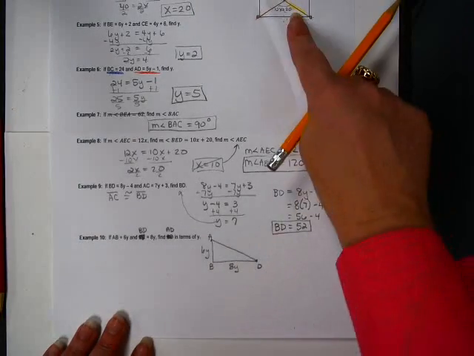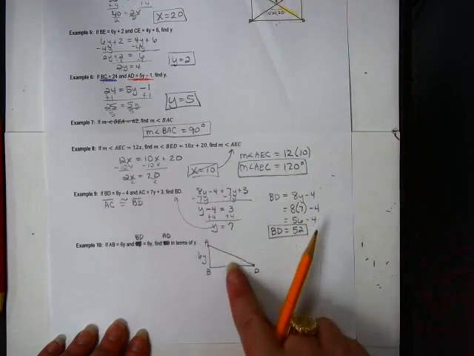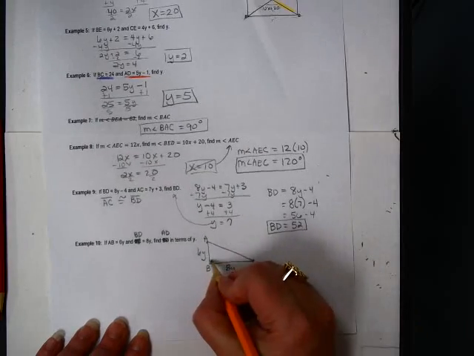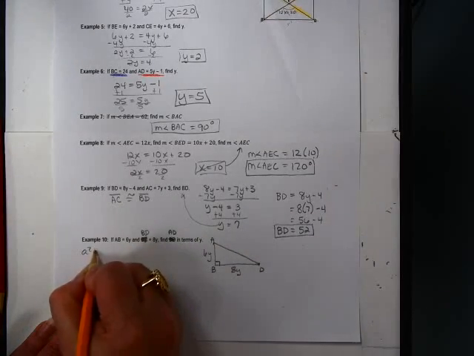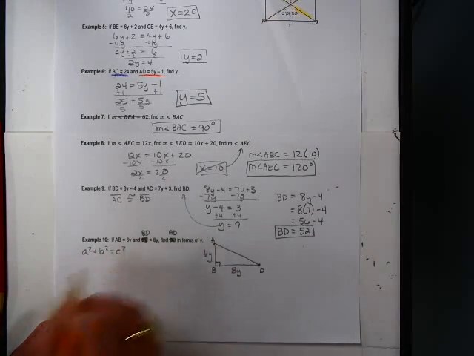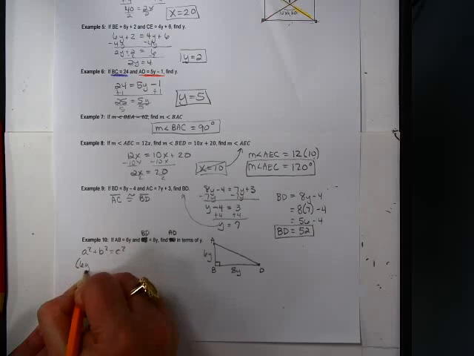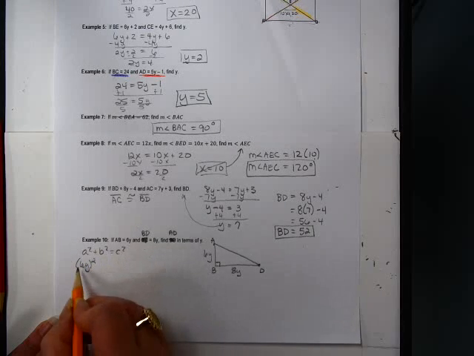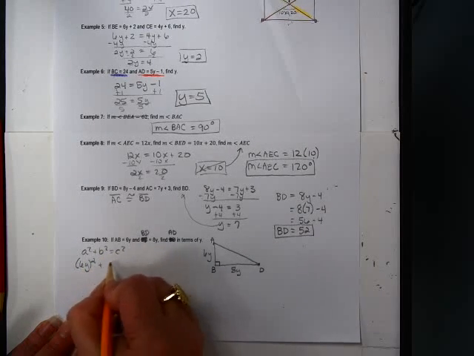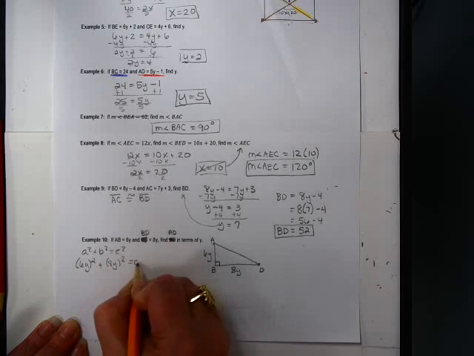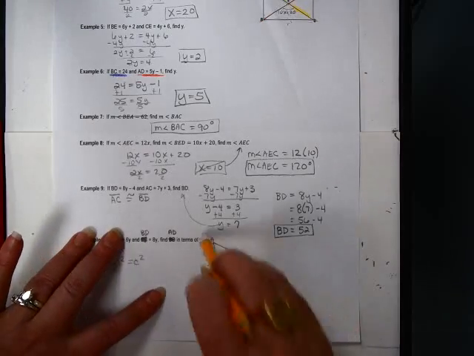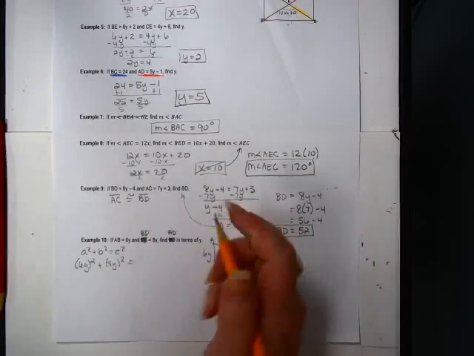Well, if I take it out of the picture and redraw it over here, it's easy to see because this is a right triangle. So I can use the Pythagorean theorem to find this. A squared plus b squared equals c squared. I'm going to put 6y squared, and I'm going to have to square the whole thing, plus 8y squared is equal to c squared, or AD squared.